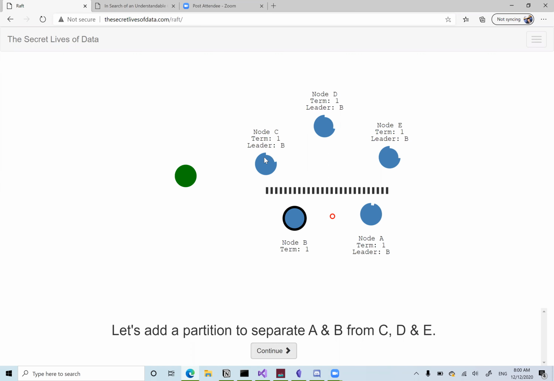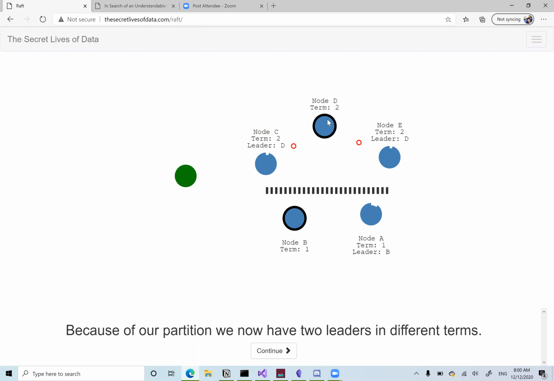So now there is no leader among these 3 nodes, and so the election timeout will happen in these 3 nodes, and so this has now become a leader. So now the term of this node is 2, and the term of this node is 1, right? And basically now we have two leaders, right? There is one leader over here, one leader over here. So now let's see how the system will work.